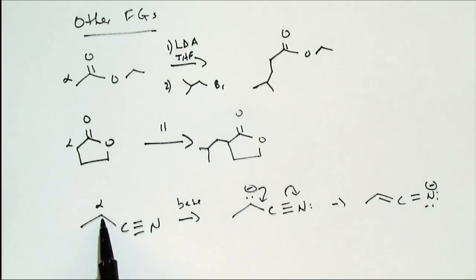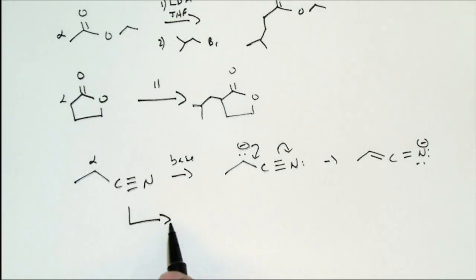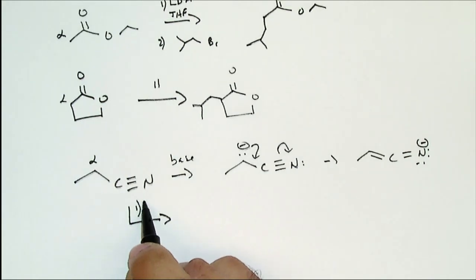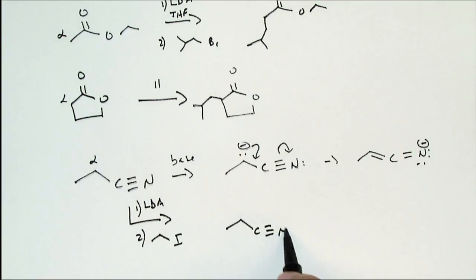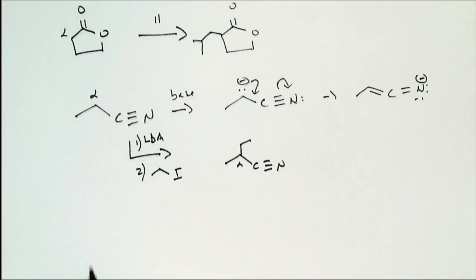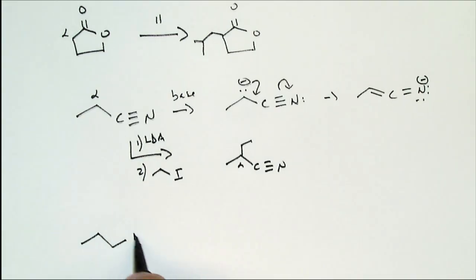And so that alpha position is also highly acidic. So if I were to take this molecule and I were to treat again, let's say with LDA, and let's just say iodoethane, then the product that I'm going to get is that the alpha position is going to have the ethyl group added to it.